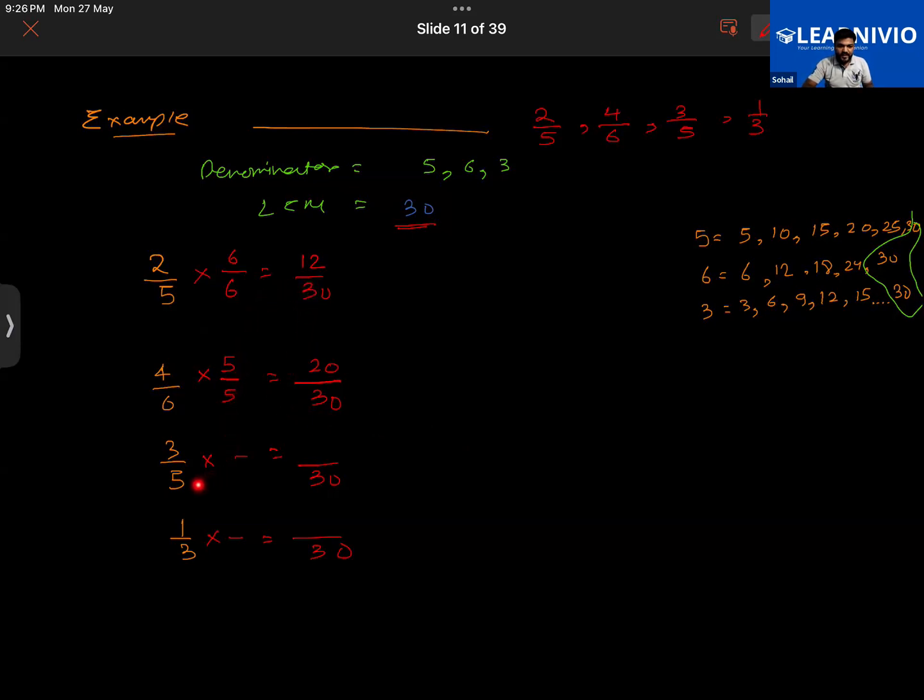So 5 should be multiplied with which number so that in the denominator you will be getting 30? 5 ones are 5, 5 twos are 10, 5 threes are 15. Have you memorized tables up to 10 or up to 20? How many tables have you memorized?